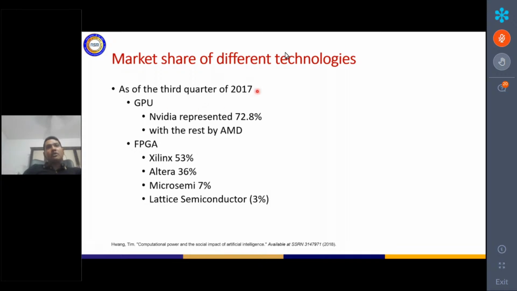These are the stocks after the 2018 financial year, so the ratio might have changed slightly, but overall you can get the idea. And in the APJ domain, we have Xilinx, Altera, Microsemi, and Lattice Semiconductors, which have very little share. Well, these are the systems that are available nowadays.